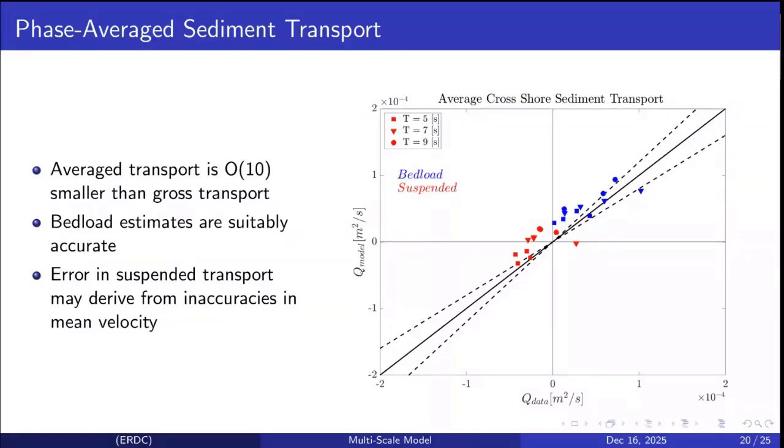There is some significant error in the suspended transport, and I think, or we think, that probably derives from errors in the undertow, so that the values of the time steady currents for these short packets of waves are probably dissimilar from the time steady undertow values that you get from linear wave theory.